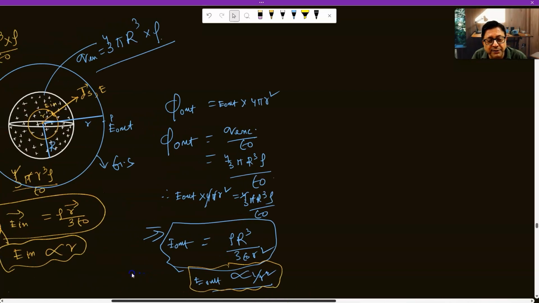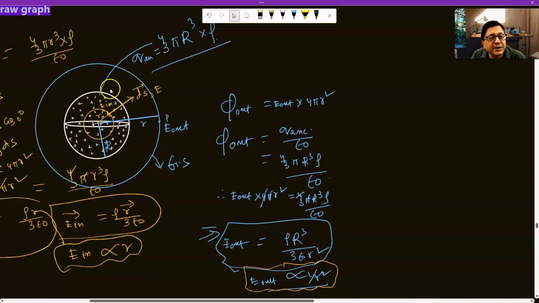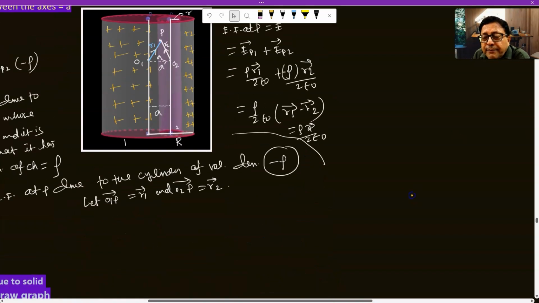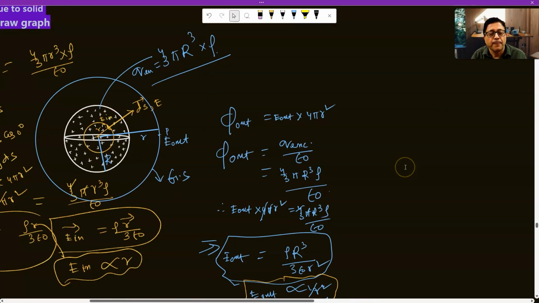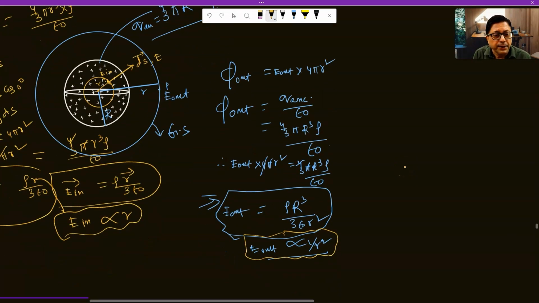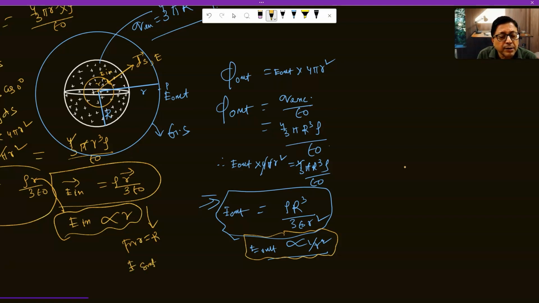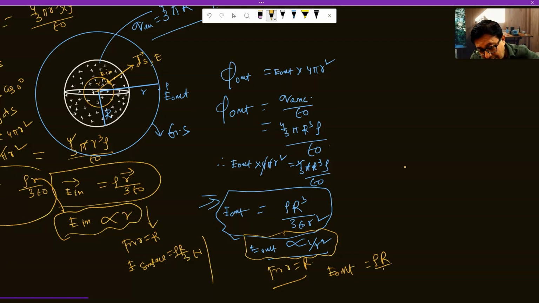Let us plot the graph. You will understand better, by remembering this for the electric field strength due to a solid sphere. E in is proportional to r till the distance R. If you put r equal to R, E at the surface is rho R by 3 epsilon naught, and for r equal to R, E out will be rho R by 3 epsilon naught.